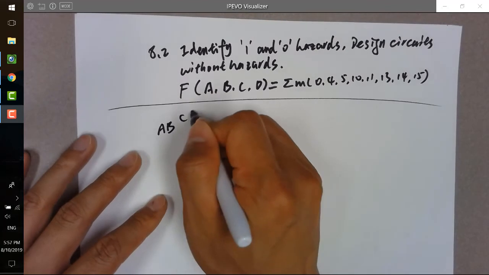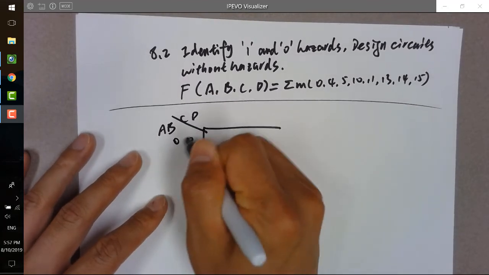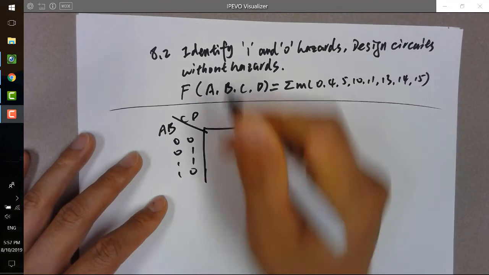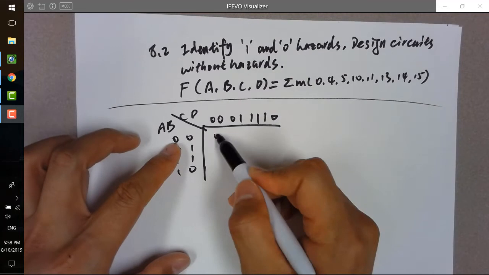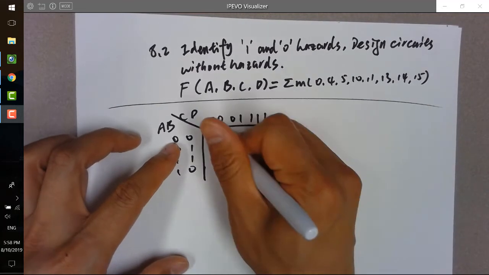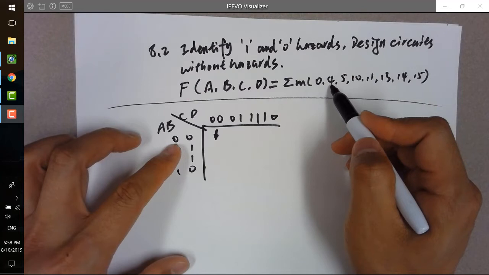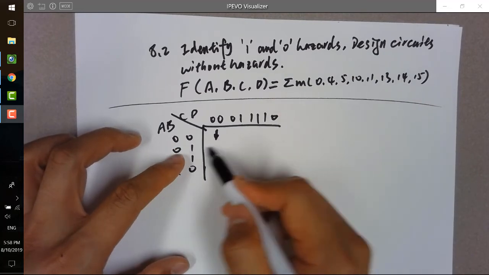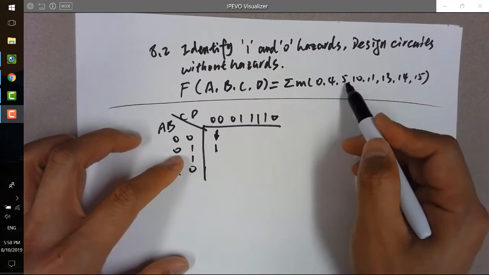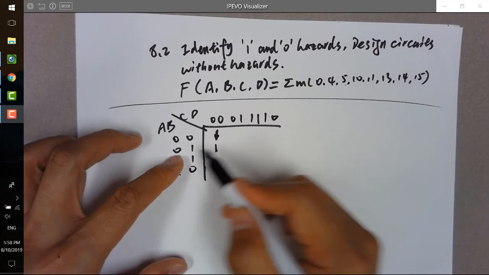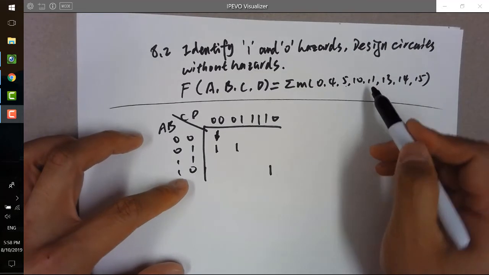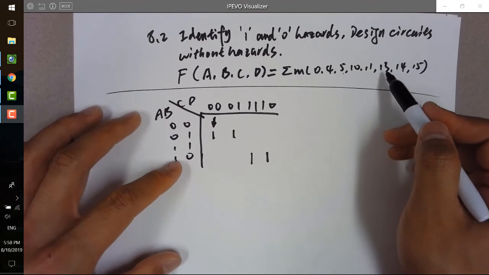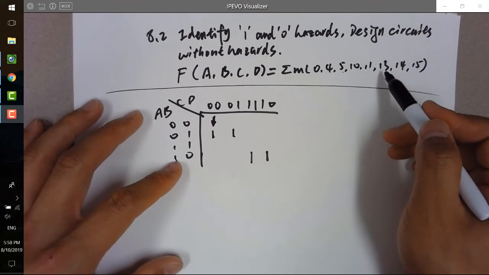A, B, C, D: 0 is 0, 0, 0, 0. At location 0, you have a 1, and 4 will be 0, 1, 0, 0; 5 is 0, 1, 0, 1; 10 is 1, 0, 1, 0; 11 is 1, 0, 1, 1; 13 is 1, 1, 0, 1.